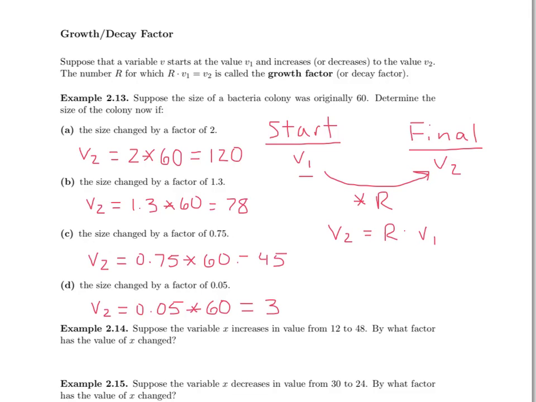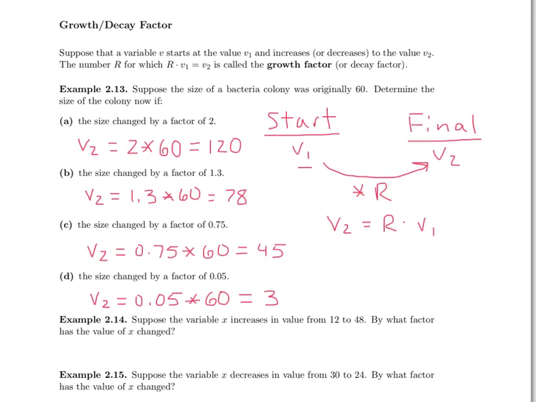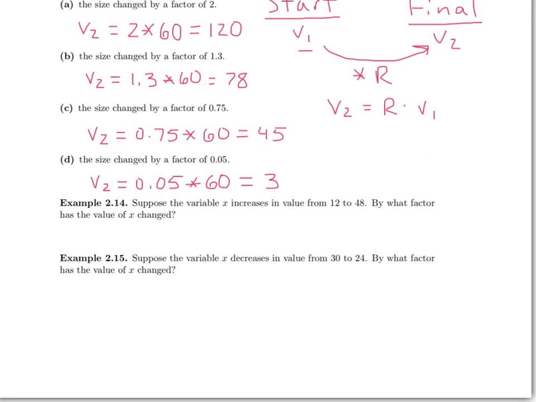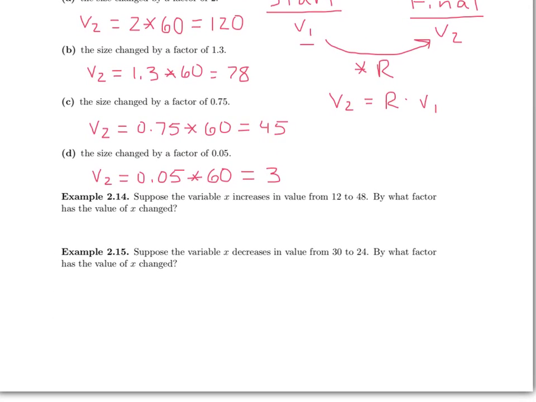So again, the size of the colony has decreased, and in part D, it's decreased significantly, from 60 down to 3. Let's go ahead and look at these next two examples.